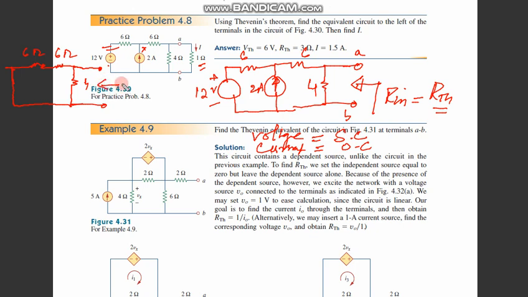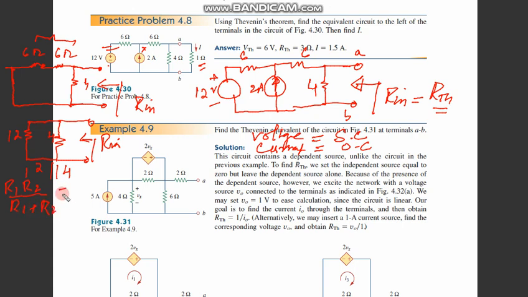Now R in becomes easier to find. These two resistances are in series, so the summation of the two resistances is 12, then this 4 ohm resistance I keep as it is, and this is where you write R in. Now you see this 12 and 4 are in parallel, so the formula for the equivalent resistance is R1 times R2 divided by R1 plus R2, so 12 times 4 divided by 16.